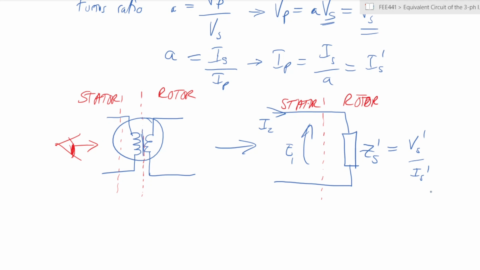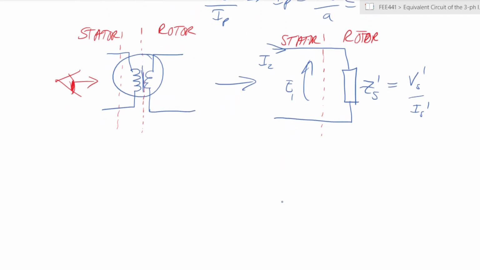This Zs prime from the eyes of the stator can actually be seen as a certain impedance, which we can rename as Z2. And what is supplying it? It is being supplied by I2 and it is being supplied by E1. Okay.